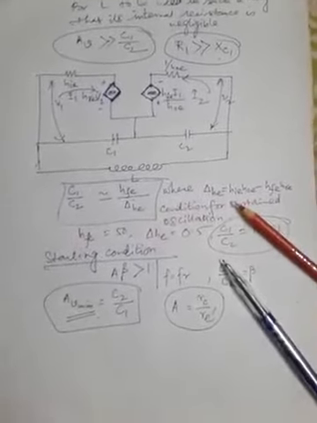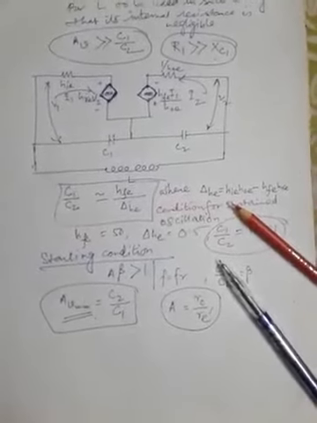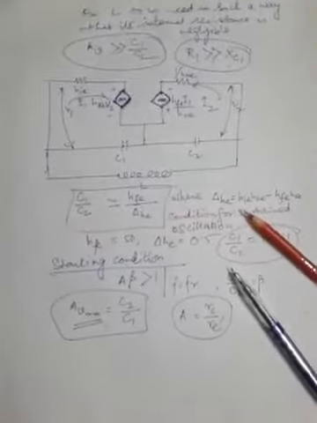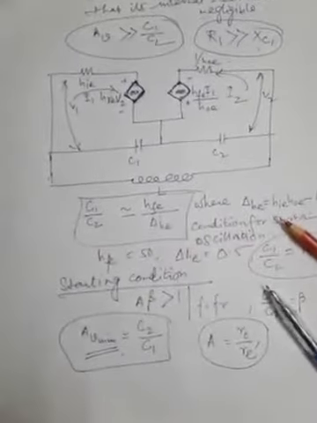But if the feedback is very high, it may lose some of the output voltage because of stray power loss. So unnecessarily high feedback is not desirable in this case.